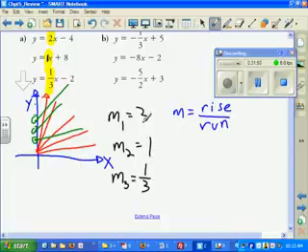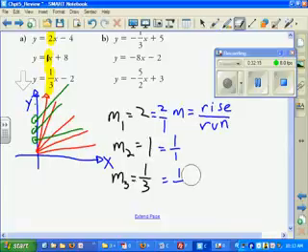Thank you. So the run is 1 and the rise is 2. And this one here is what? 1 over 1. This one here is 1 over 3. That one's kind of straightforward.